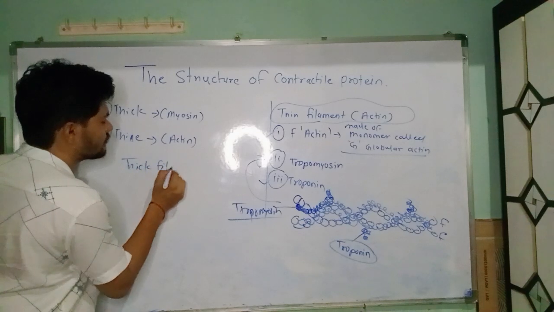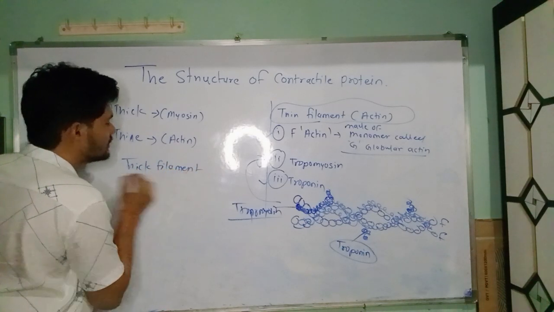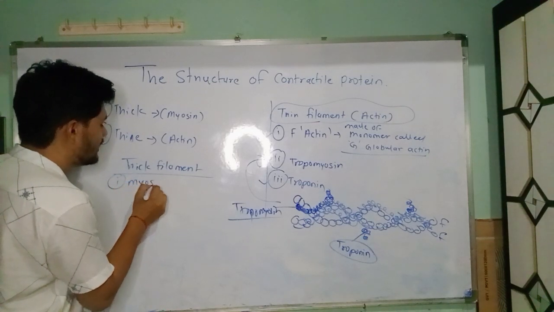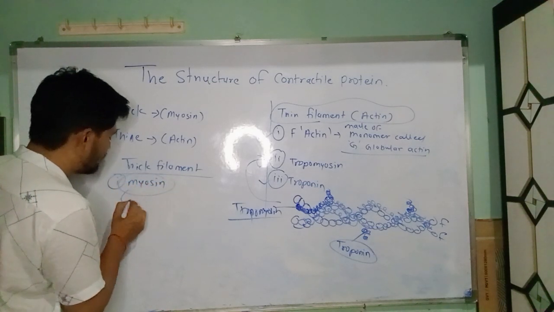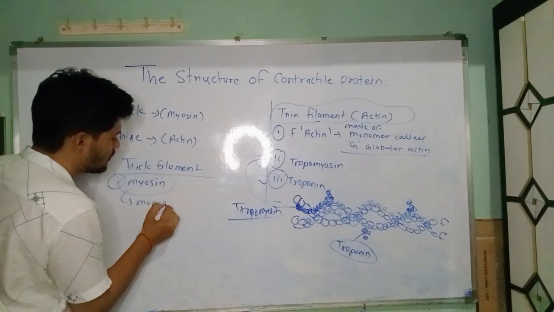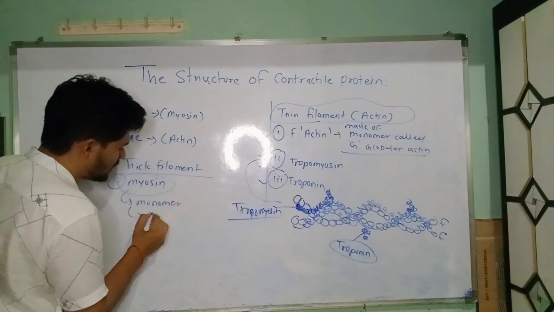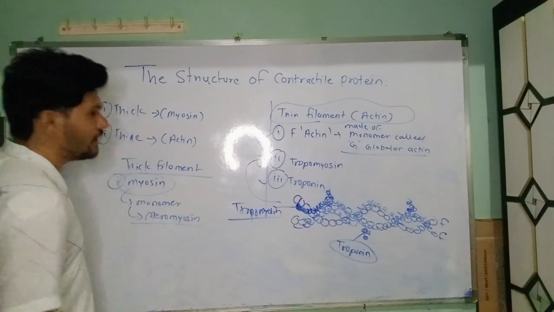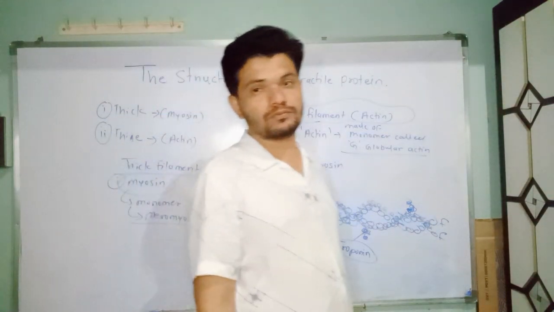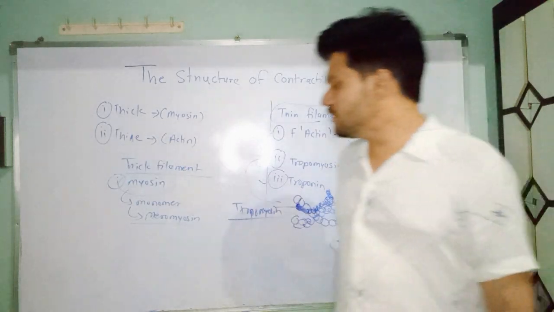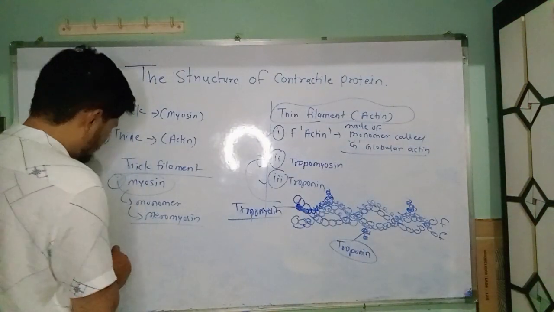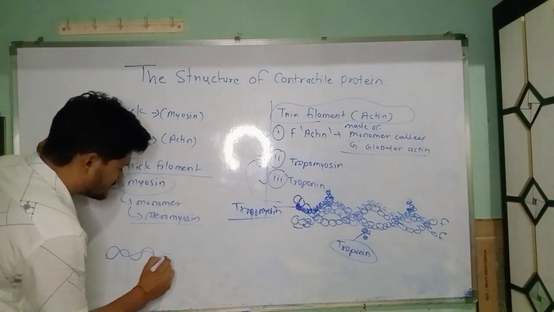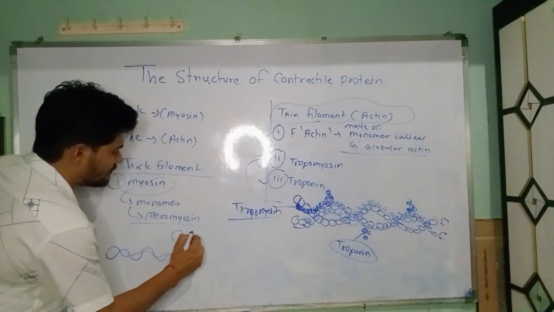The thick filament is only made up of myosin, and each myosin has a monomer called meromyosin. Here I am drawing the structure of meromyosin for you. Meromyosin has a light chain like this and a heavy chain like this.